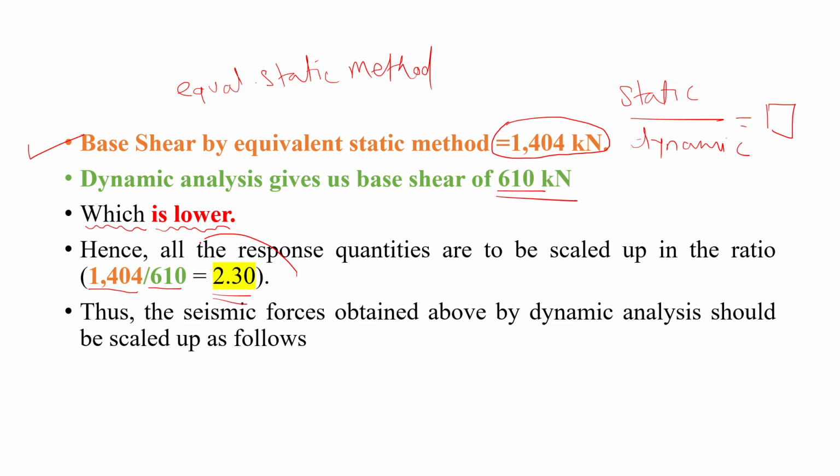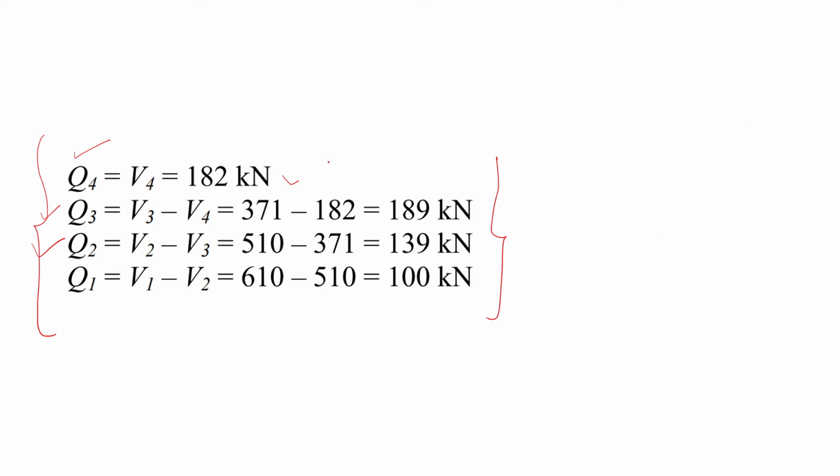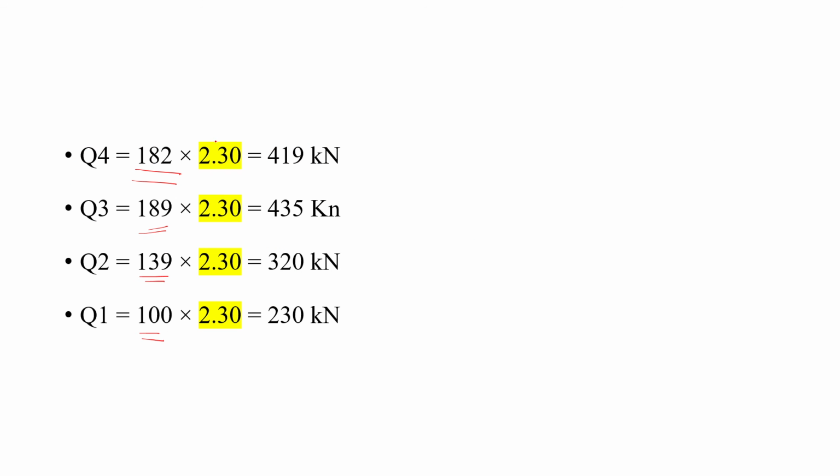We have to use this factor and multiply all our responses by this value because this is the codal provision. In the last case we got 184, 182, 189, 139, 100. Here you can see the 182, 189, 139, 100 story shears. So you have to multiply all the values here by the 2.30 multiplication factor.